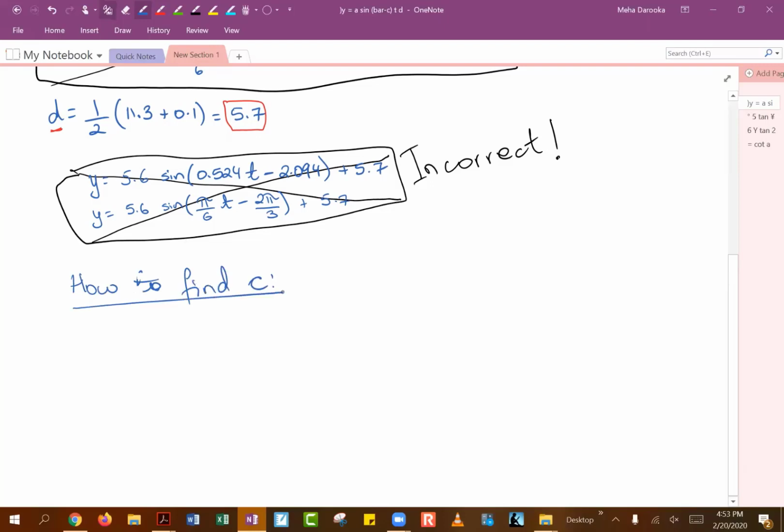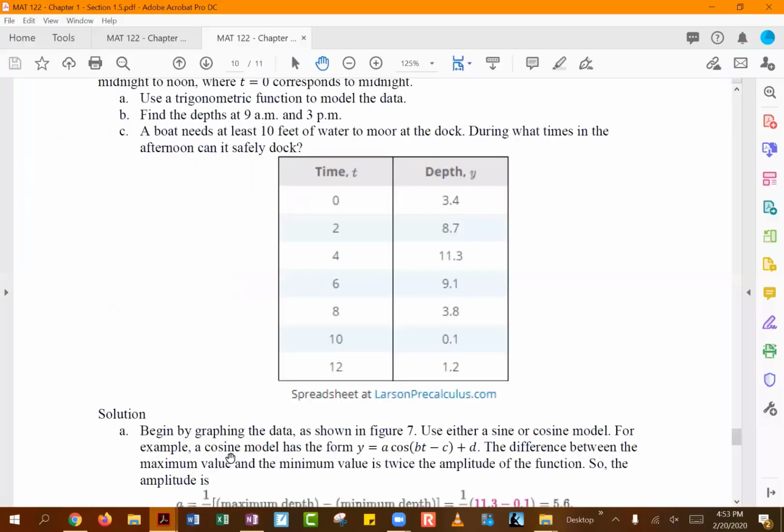All right, so we know that our sine function will achieve its first maximum value at pi halves, right? If you go look at the sine function, we know the first maximum value happens at pi over 2. So that means for our model where t equals 4 a.m., and let's go back to our example here, where t equals 4 a.m. is where our maximum value happens at a depth of 11.3 feet.